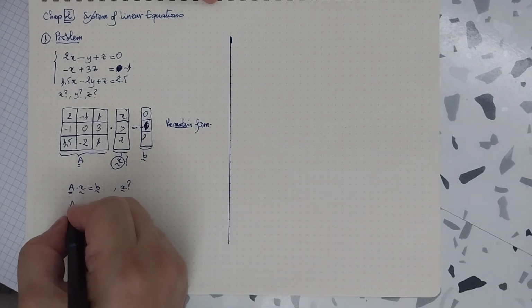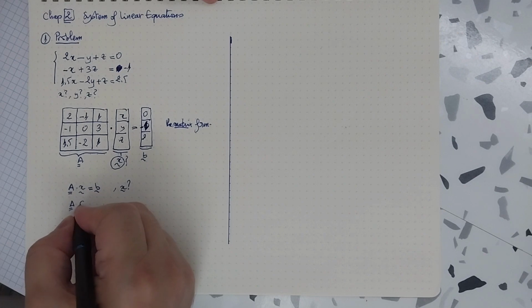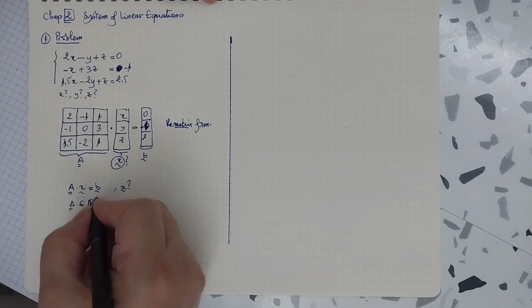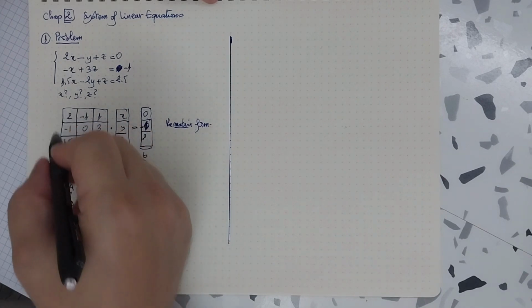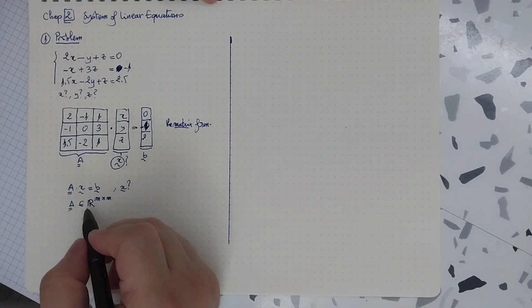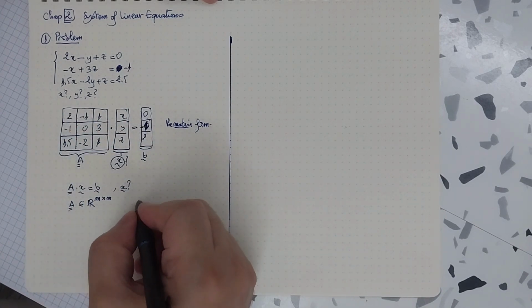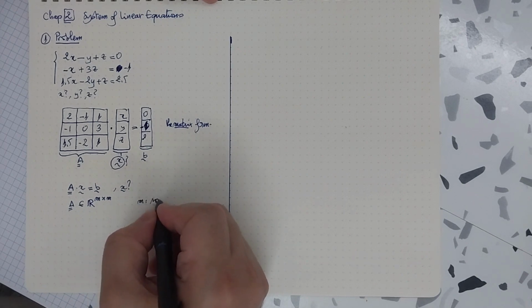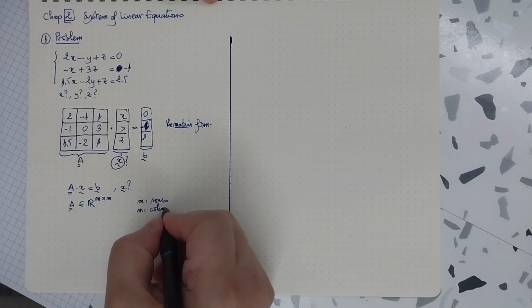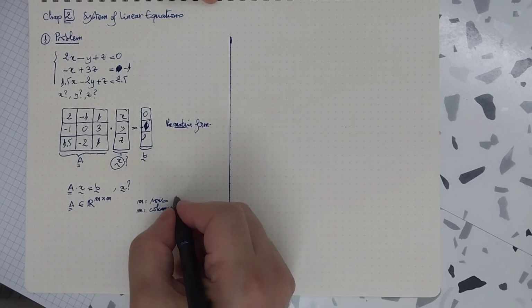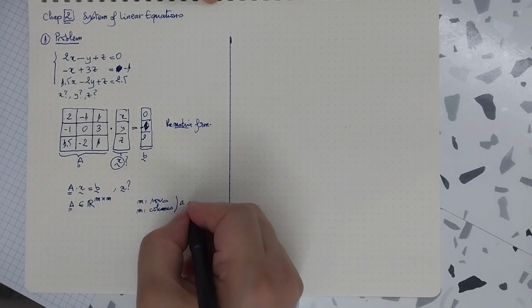With A belonging to the space R, m by m, means the elements of the matrix are real numbers, and it has m rows and m columns. It is a square matrix.